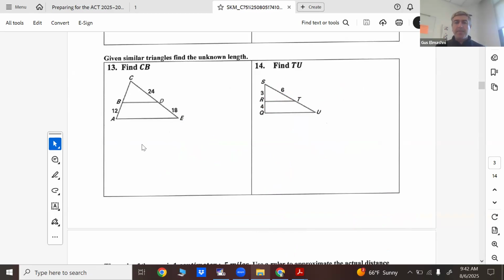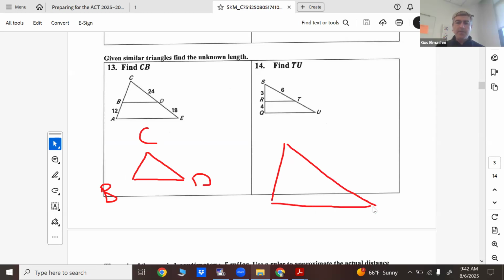Okay, so let's kind of do the same thing. Let me draw this. B, C, D, and then the big triangle, A, C, E. So I'll call this whole thing X right now.